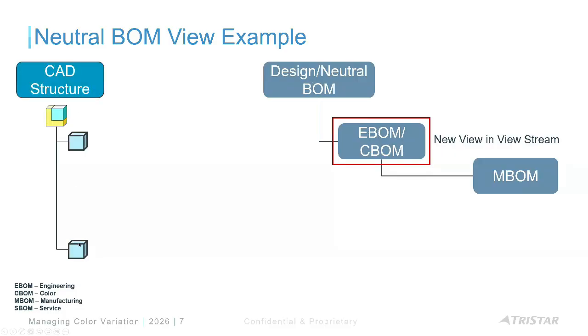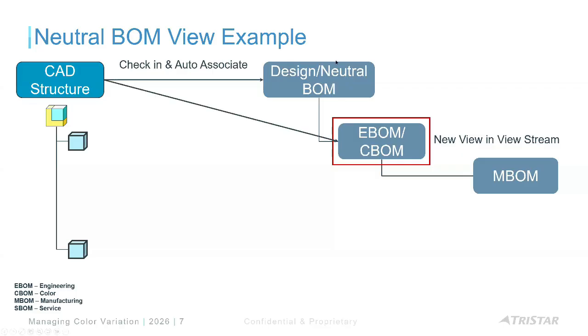So if I have a CAD model and I check in that CAD model, it automatically creates a part at a certain view. You define as a preference which view it will create. So it can create either the neutral view or the E-BOM, engineering BOM, or the color BOM view.